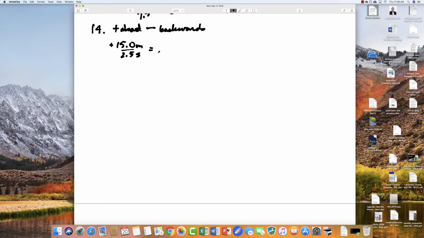And so that ends up being 6.0 meters per second, 2 significant figures. The second distance is -3, and it's in 1.75 seconds, and so that velocity is -1.71 meters per second. And the minus here gives you the direction. This is plus, and this is minus.